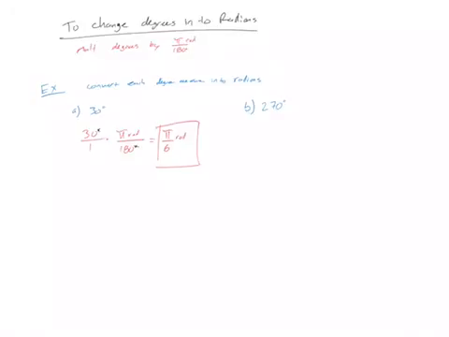270, same basic concept. 270 degrees, over 1, multiplied by another form of 1, pi radians over 180 degrees. My degrees will reduce. I know 90 goes into this 3 times, 90 goes into that 2 times.